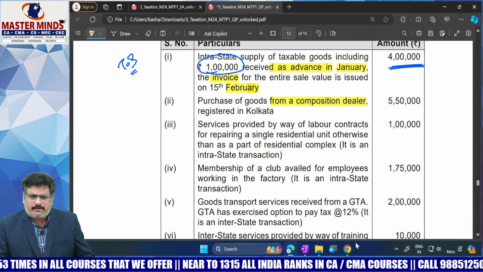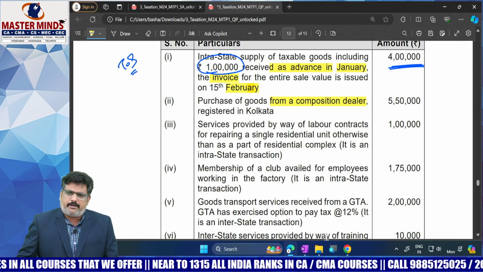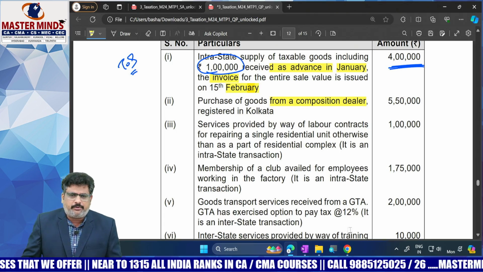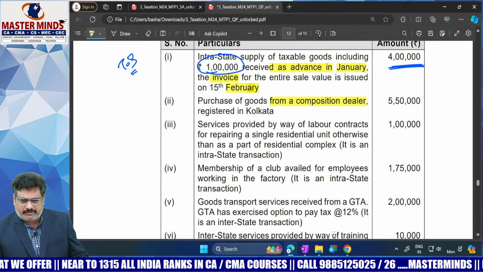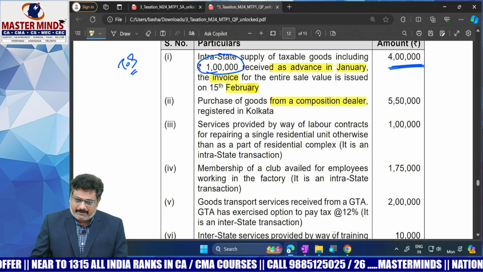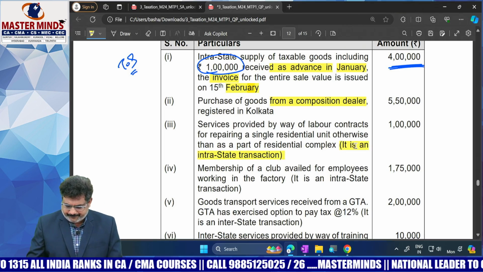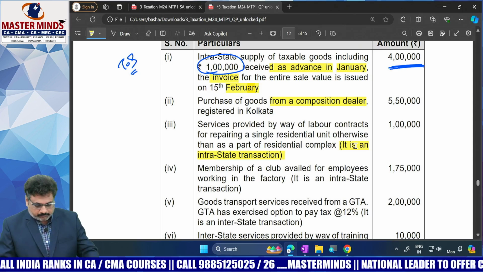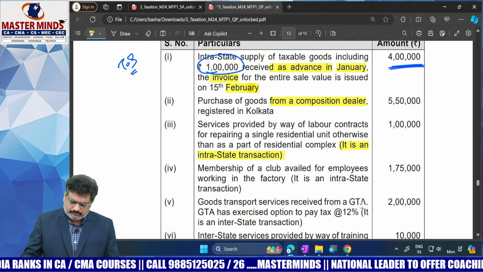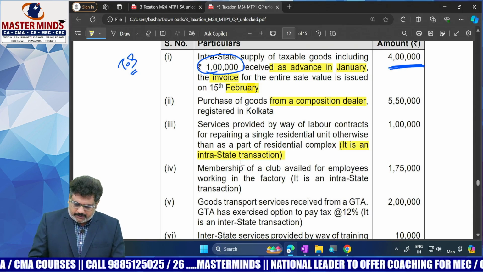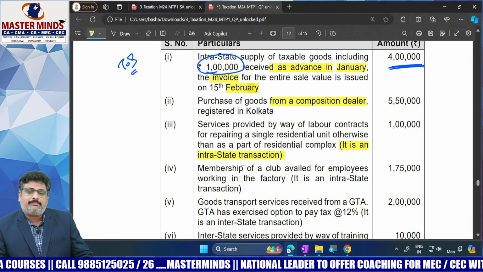Okay. Next one. Services provided by way of labor contract for repairing a single residential unit, otherwise than as a part of residential complex. It is an intrastate transaction. So definitely this point is in relation to exemptions.